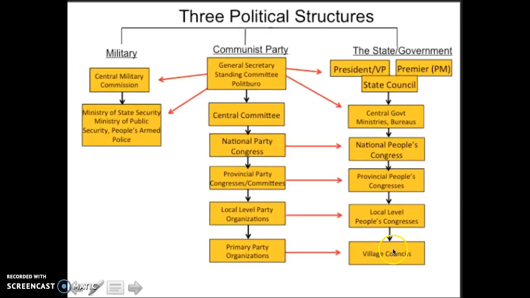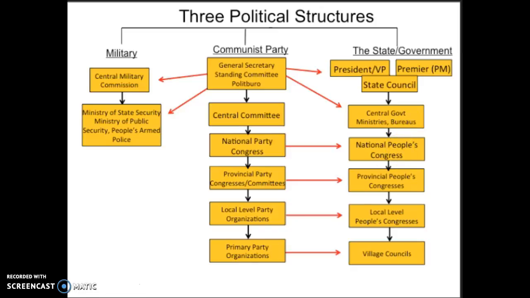these people get their positions because they're chosen at the village council by people, the actual elections, and then the people who are chosen at the village council go on to choose people for the local level congresses, who go on to choose people for the provincial or state level congresses, who go on to choose people for the National People's Congress.